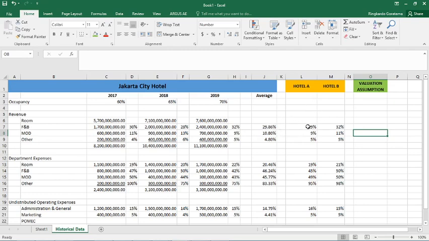So, for example, the cost or the expense, if you compare with Hotel A regarding the room, the room in Hotel A is only 19% for the expense. For Hotel B, it is around 21, and Jakarta City Hotel is also the same. So in some parts, Hotel A is more efficient.